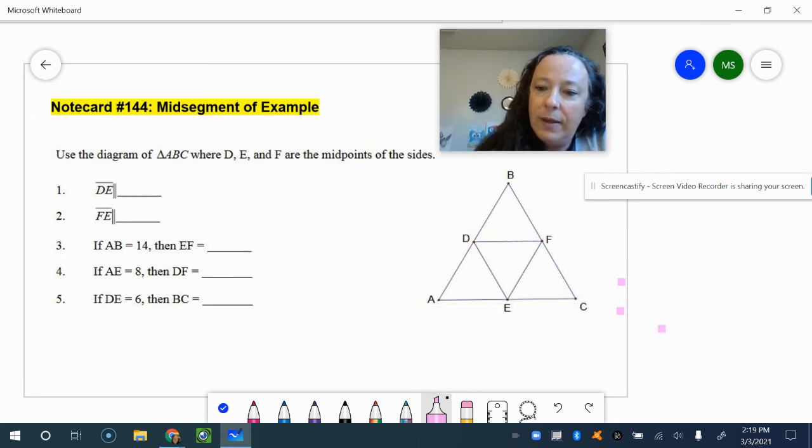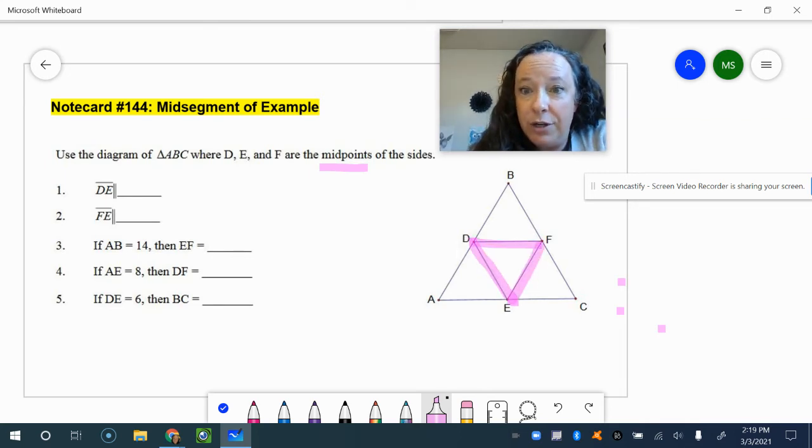In this diagram, it tells me that in triangle ABC, D, E, and F are midpoints. You need to know that. So that means that DE, DF, and FE are all midsegments respectively to their third sides.